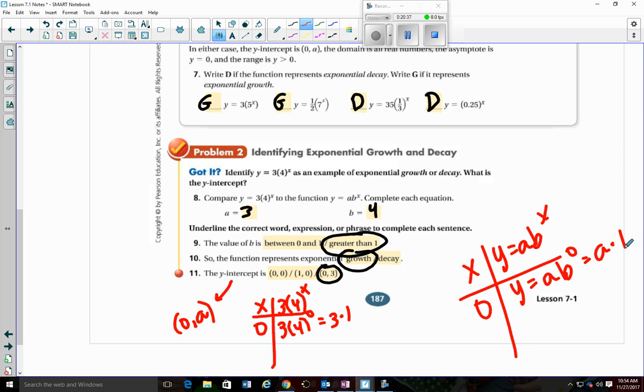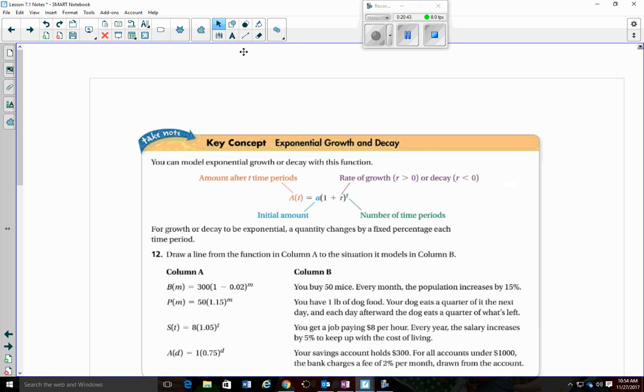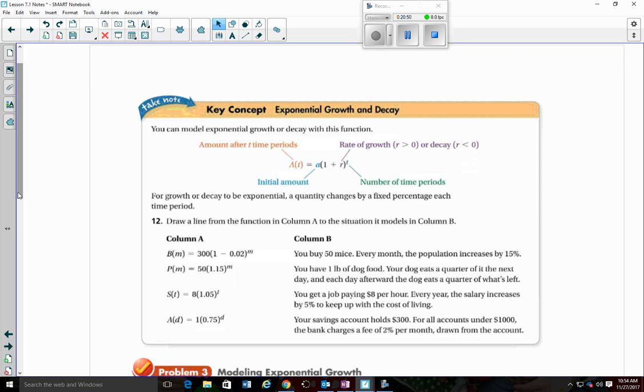Okay? All right, 2 more problems and we're going to be done for today. So here we go. So here are some situations that you will use this general exponential function to model and find whether it's a growth or a decay.